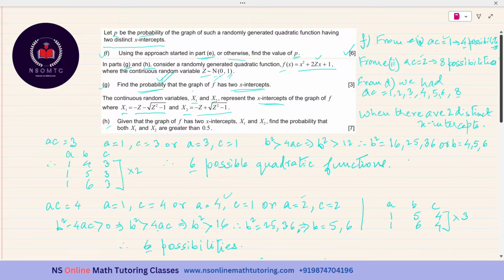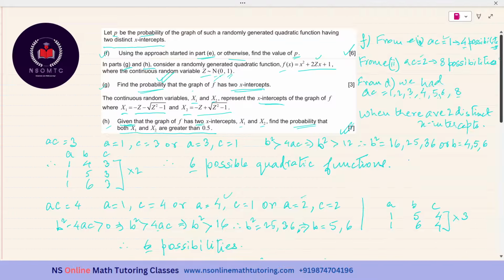Subpart H is asking, given that, which means it is a conditional probability question: given that the graph of f has two x-intercepts, x1 and x2, find the probability that both x1 and x2 are greater than 0.5. It is worth 7 marks.